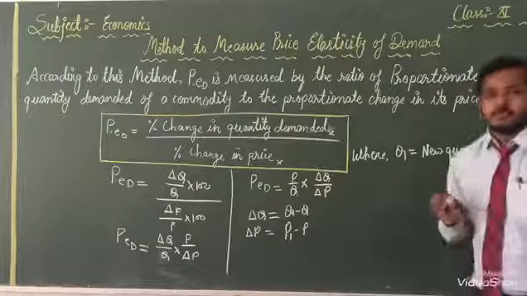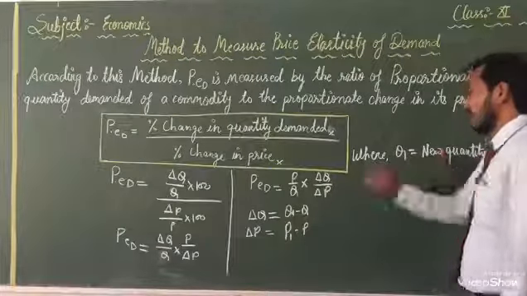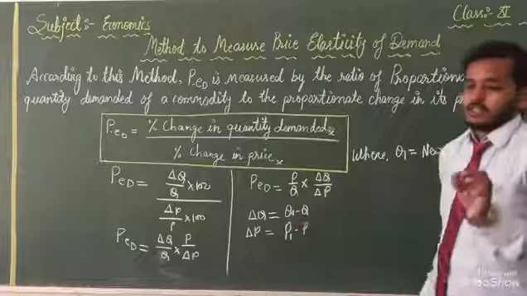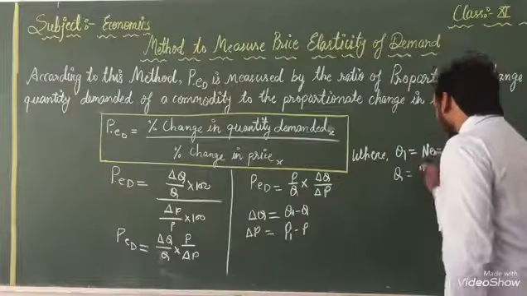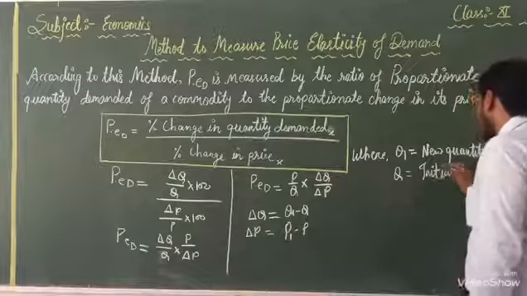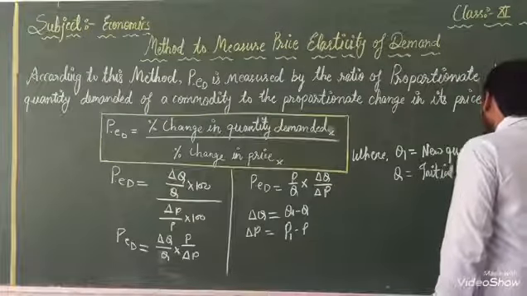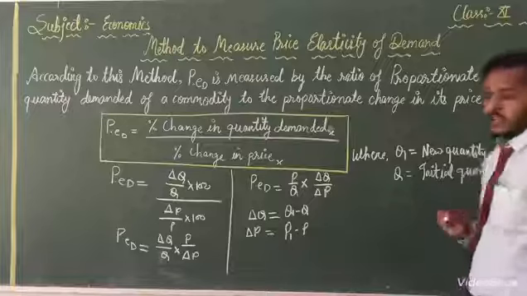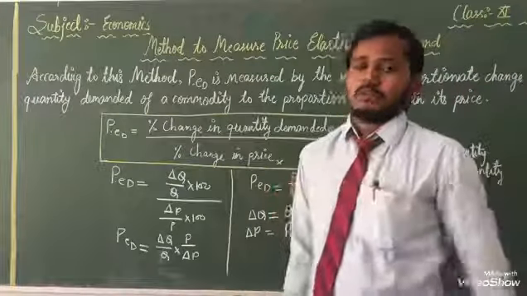New quantity should be given in the question. When the new quantity is given, you have to write it here, and Q means initial quantity. Based on that you have to solve.